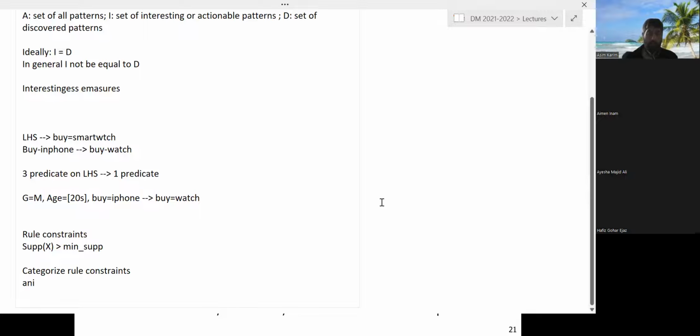One is the anti-monotonic constraint. Then we have monotonic, and then we have what is known as the succinct constraint, and the fourth one is what is known as convertible.